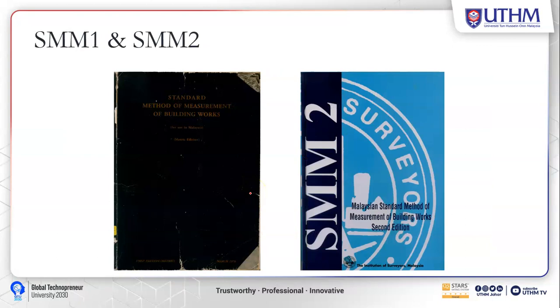These are the most important references: SMM1 and SMM2. Currently we use SMM2 as the latest edition of the Malaysian Standard Method of Measurement of Building Work, second edition.